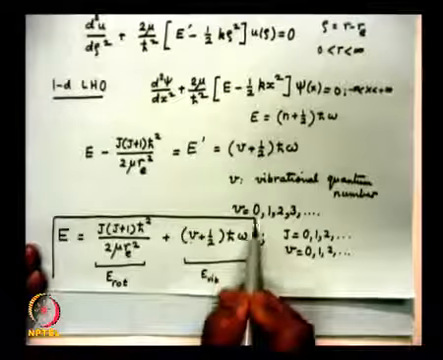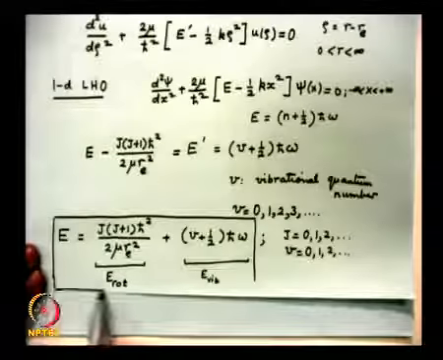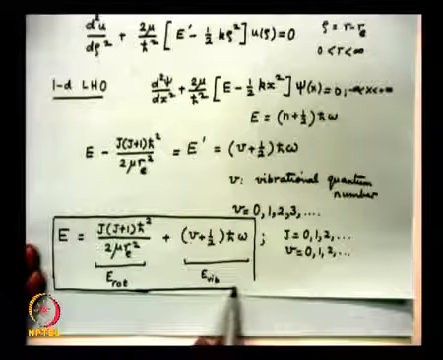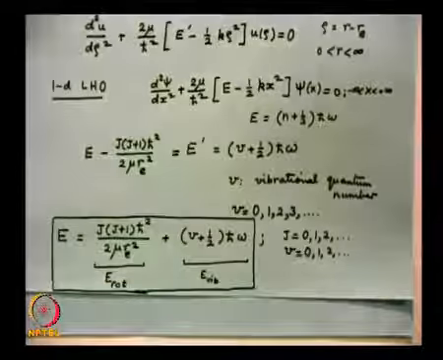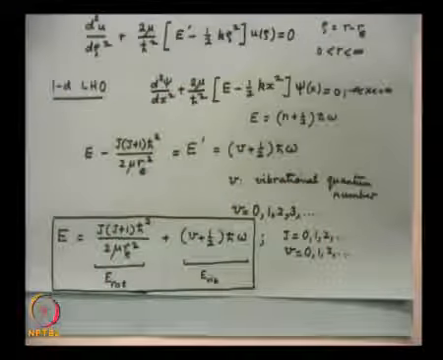This is an extremely important expression, and I would like all of you to remember this. In my next lecture we will discuss the consequences of this equation, observing the vibrational rotational spectra of diatomic molecules like carbon monoxide, hydrogen chloride, hydrogen bromide and many others.